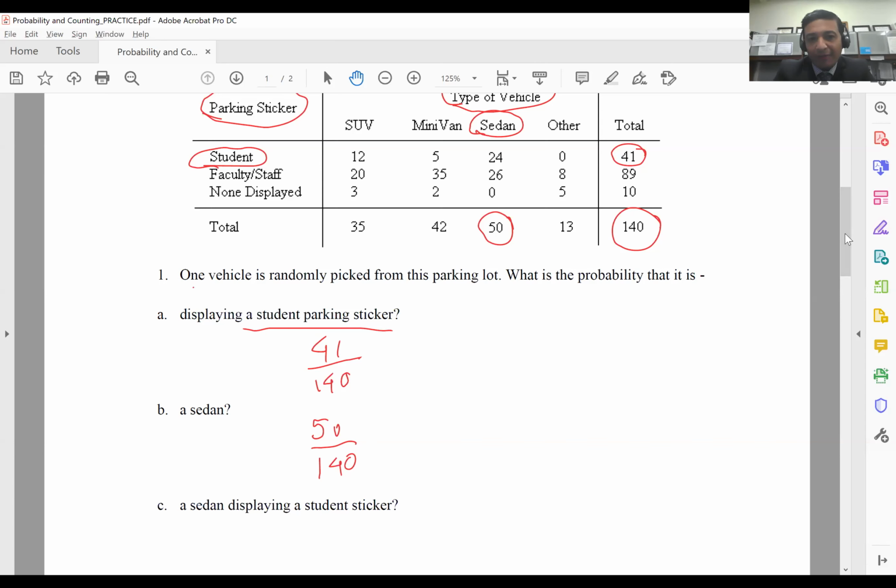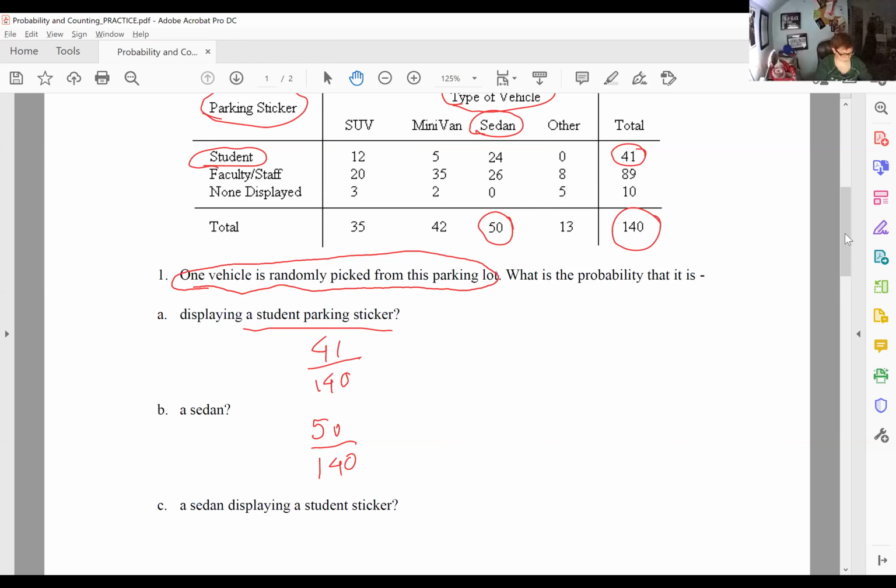You are still looking at a vehicle that's randomly picked from this parking lot. So one out of a certain vehicle picked out of 140 possible vehicles, right? So what would be the probability of a sedan displaying a student sticker? 24 is correct. 24 divided by 140.